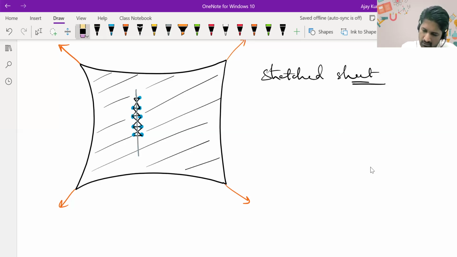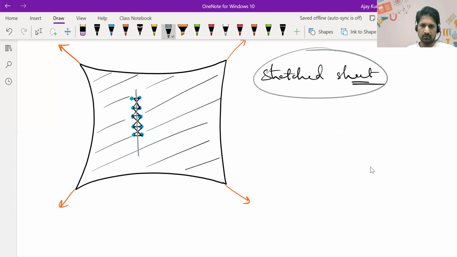Okay. So before the cut is made, there were forces acting. Molecules on one side were exerting forces on molecules on the other side. When the cut is made, those forces are broken. So the molecules lose contact and a gap gets created between them. So remember, you take any imaginary line on a stretched sheet. This gray line that I have drawn is an imaginary line. Now, what is happening here?